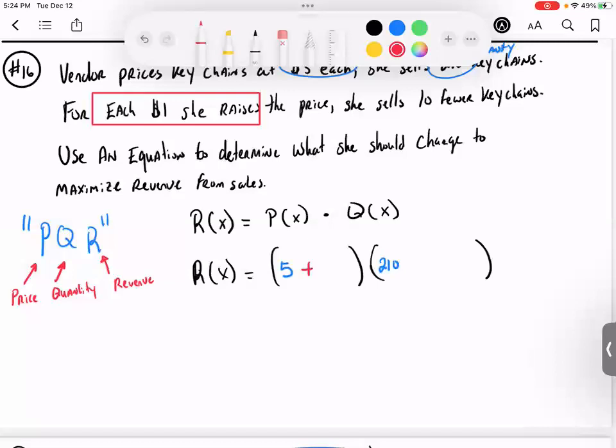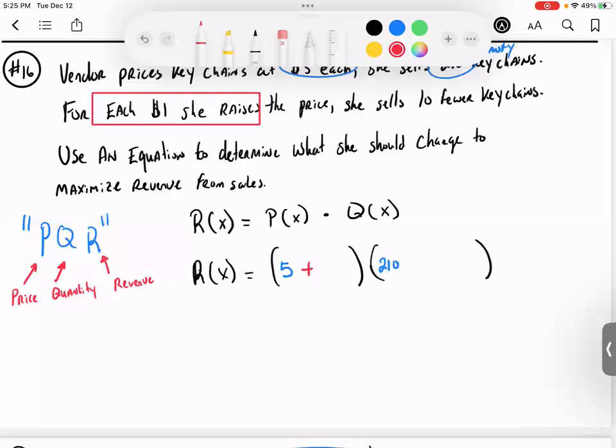Think about that word each. Is she only going to be raising the price by just a single dollar or multiple dollars? Think about what that word each means. Do we have singular or multiple? It's going to be multiple. So it's not just $1, but it's going to be $1 every time that the price raises.